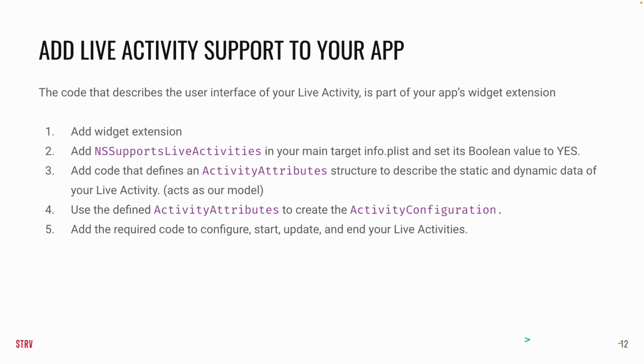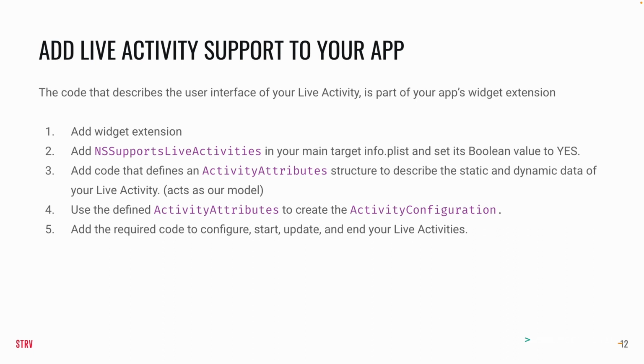So in iOS, we have the main target, or maybe some other modules, whatever we want. But to be able to set up live activities, we basically need to add the widget extension. After that, we need to add NSSupportsLiveActivities in the Info.plist file, so the app knows that we are using live activities.